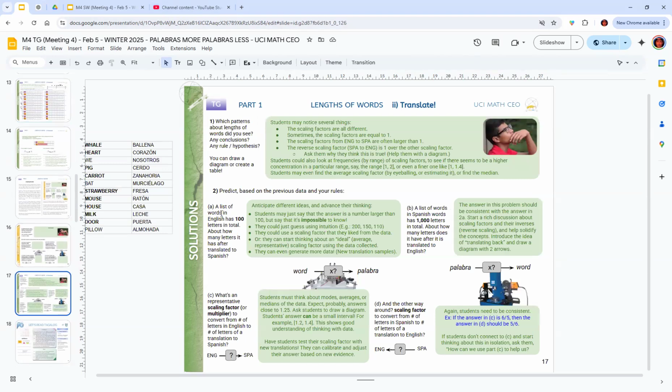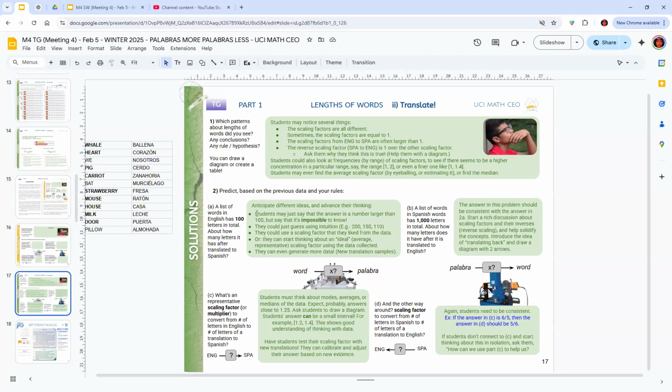Okay, so for the second part, the predictions, they can go in different ways, in increasing levels of sophistication and richness in how they approach this. And that's beautiful. I mean, that's great. You don't have to think that your students should always start with the perfect answer or the most rich. You just have to advance their thinking, no matter where they start.